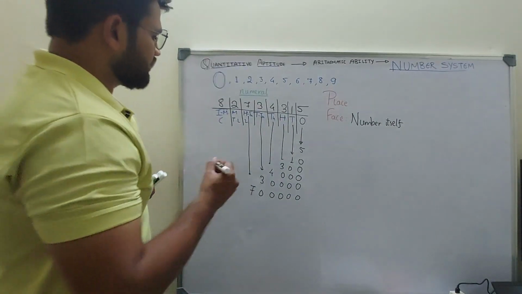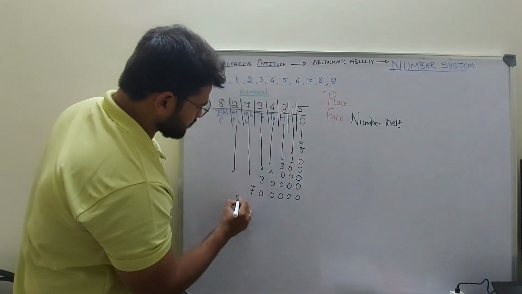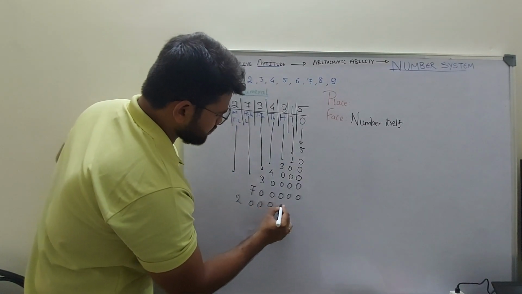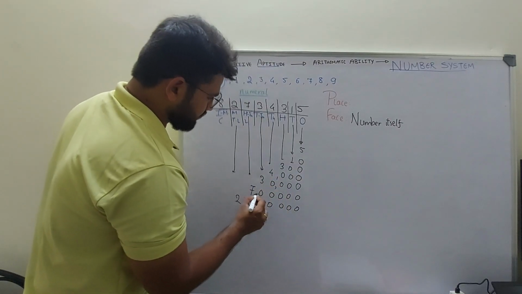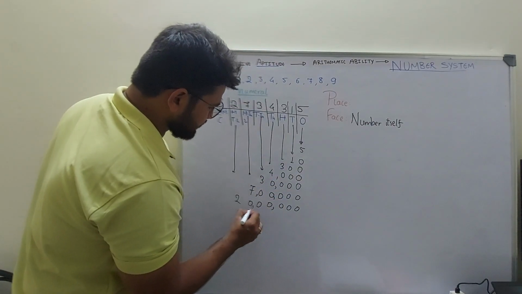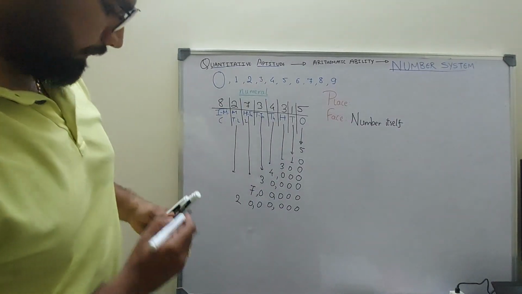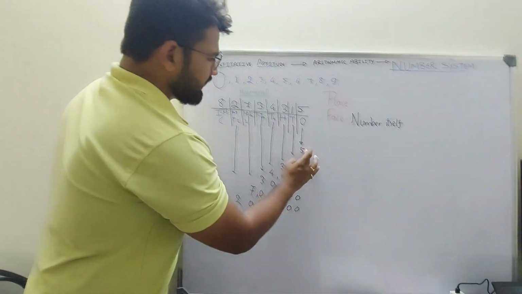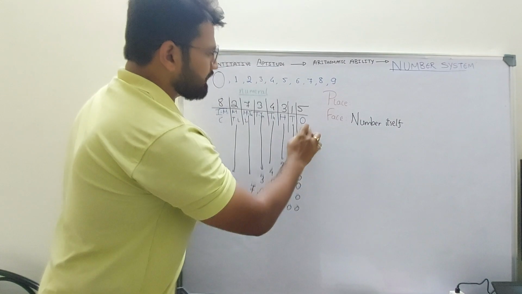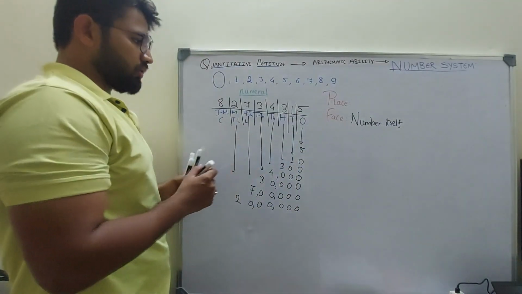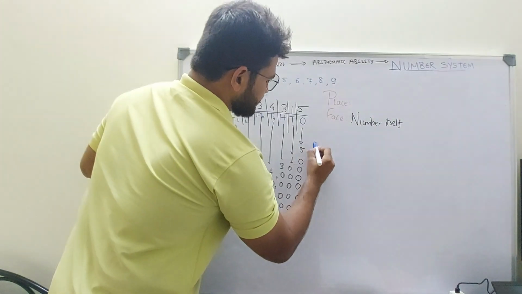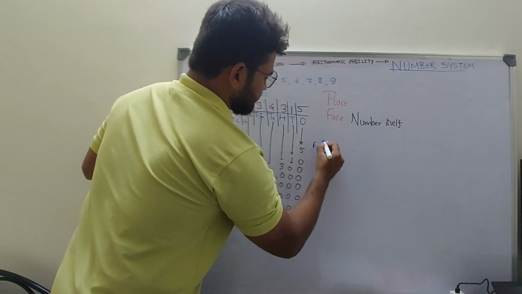Similarly, if we now bring the 2 over here, it will be 20 lakhs. When you put the commas, it is easier to read. Over here, 5 is at the ones place. So what is the face value? Face value is always the number itself, and place value.